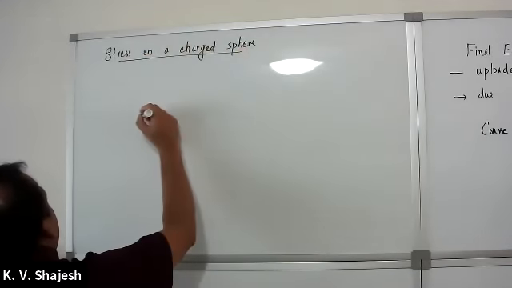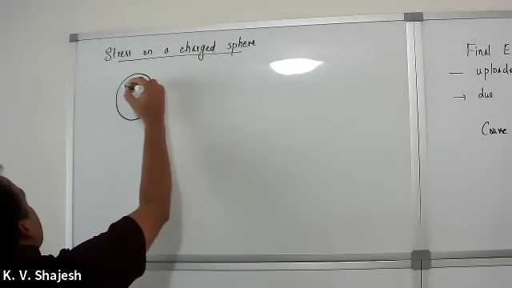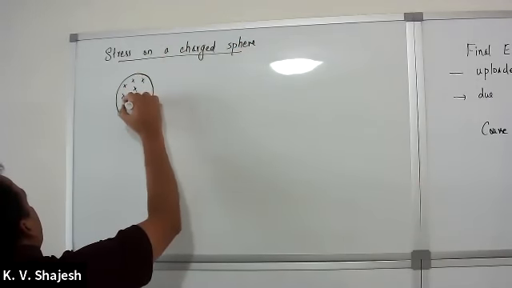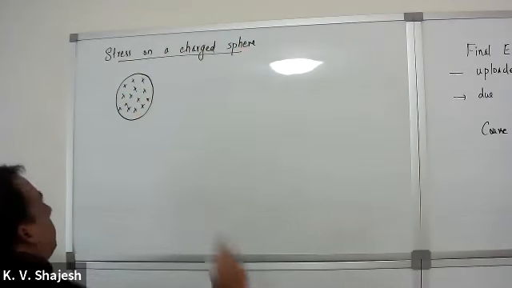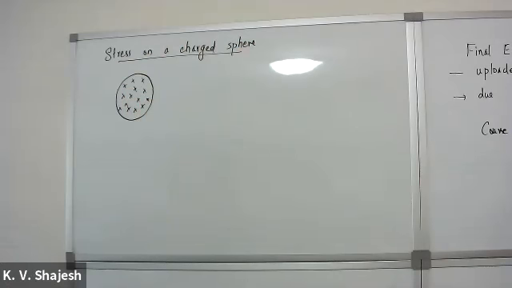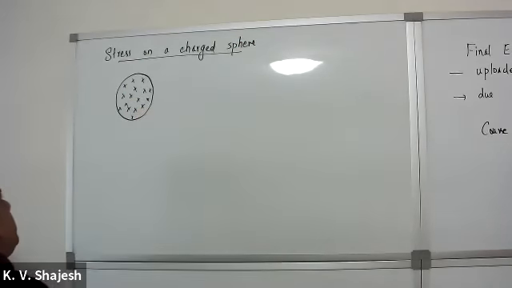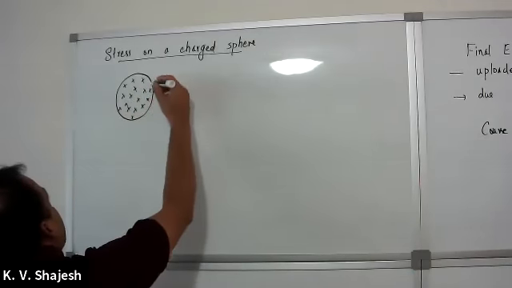The idea is that if you have a sphere of radius r, and let's say it's uniformly charged, we know the electric field due to this, right?